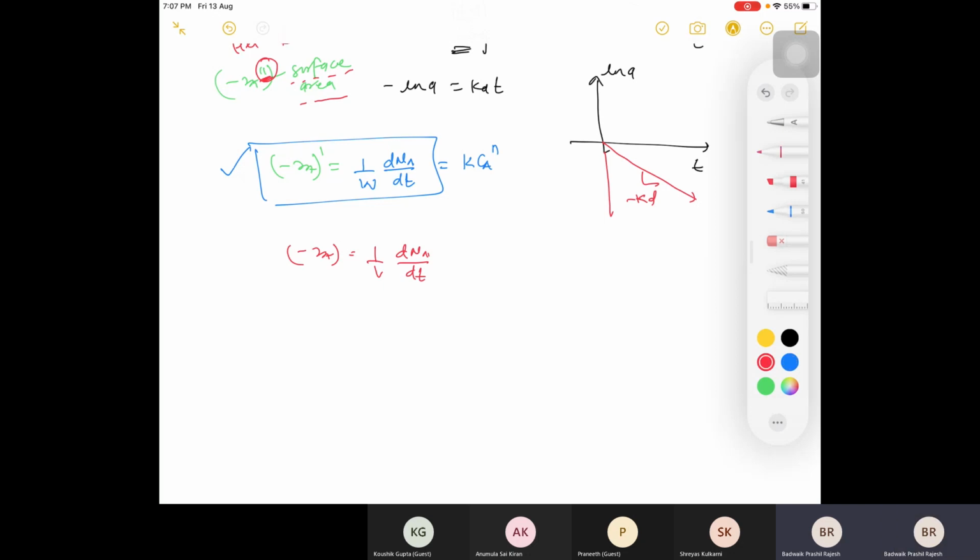That is important when a catalyst is involved. If there is a catalyst and its activity is decreasing with respect to time, then you need to introduce one term, that is activity. So your equation is no more this. There will be one additional factor, that is a.